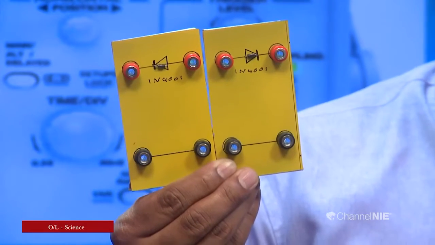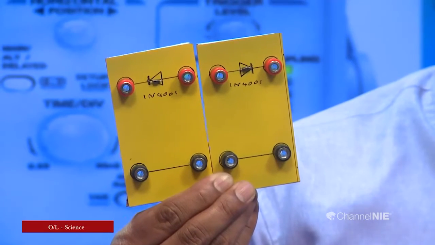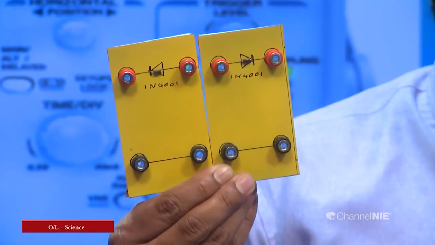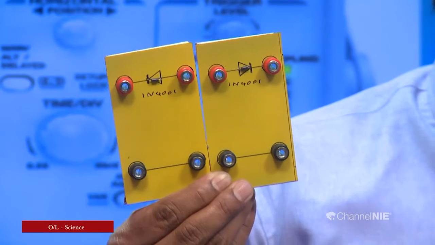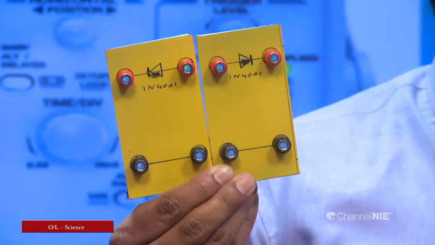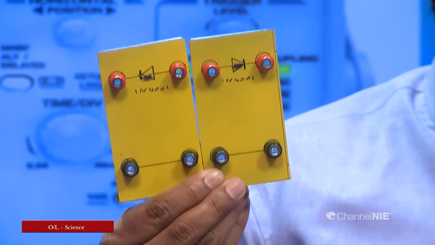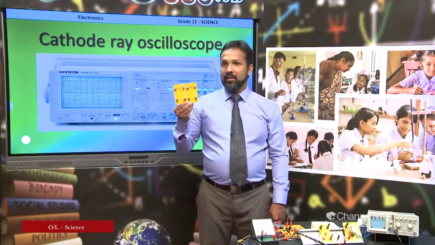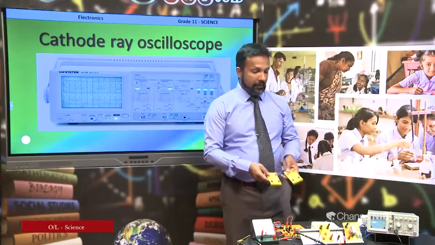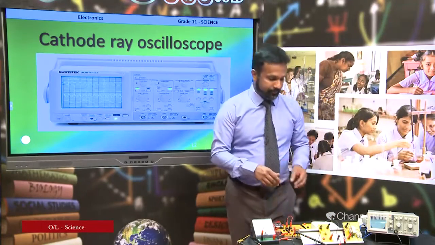Earlier, I showed you the half wave rectification using the first diode. Now I am going to show you the half wave rectification using the second diode, which is arranged in the opposite direction. Then you can watch the difference.